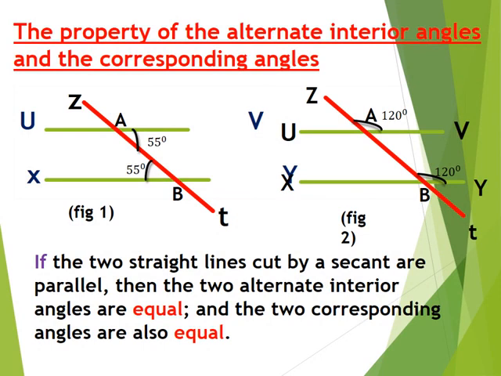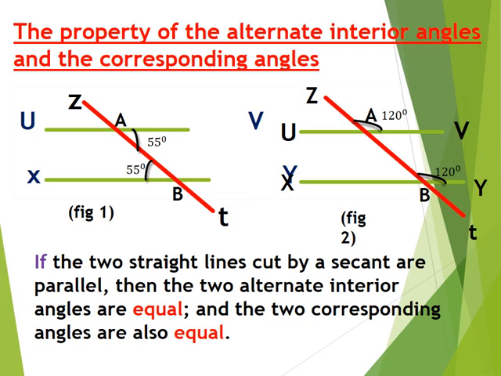A very important rule that we must know very well: when we have two angles, regardless of the relationship between them, either they are corresponding angles or alternate interior angles, that exist with two parallel straight lines, we can say that these two angles are equal.